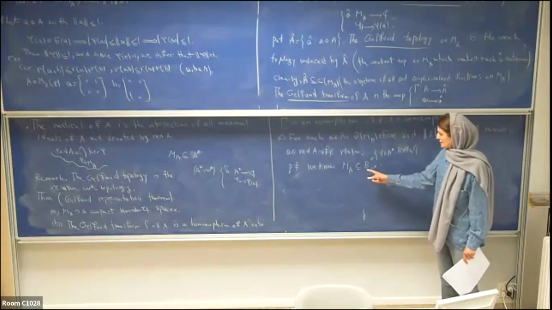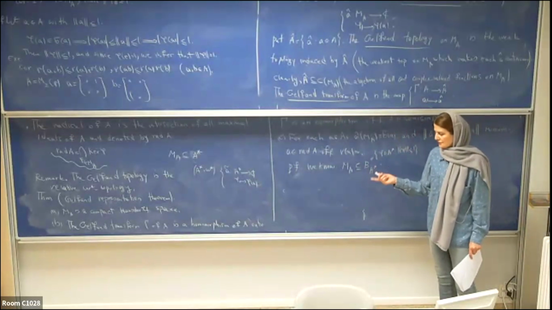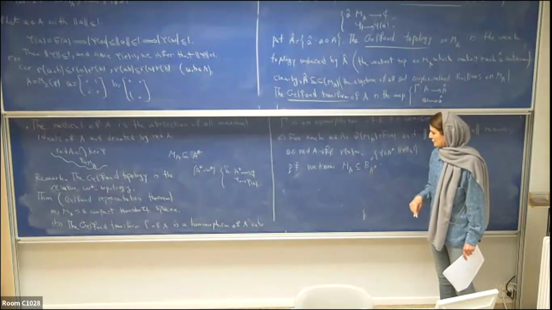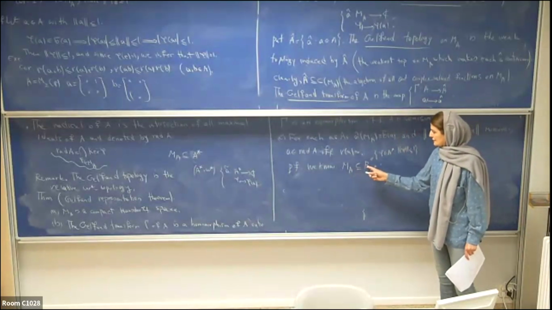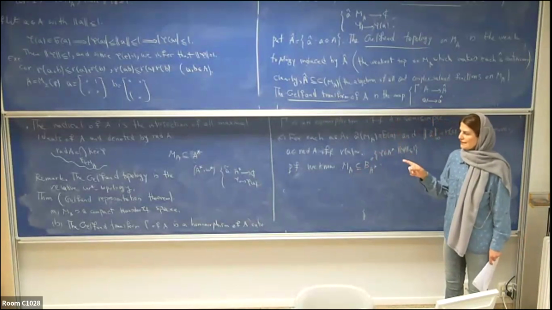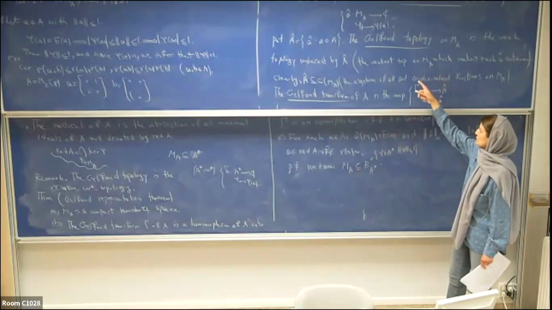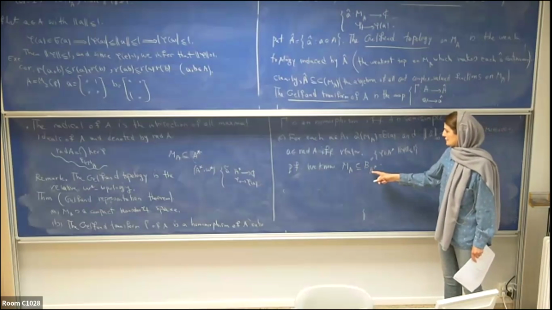And we know that this is with the weak star topology, which is of course Hausdorff. And the Gelfand topology is also Hausdorff, because it's the relative weak star topology. Apart from this, because a hat separates the points of A, the weak topology induced by a hat will be Hausdorff.